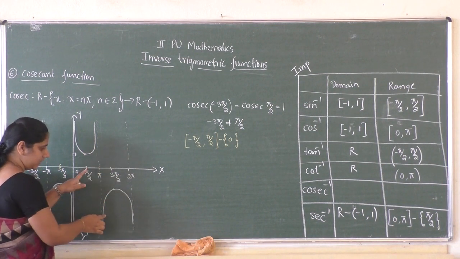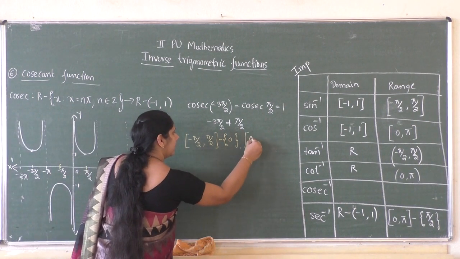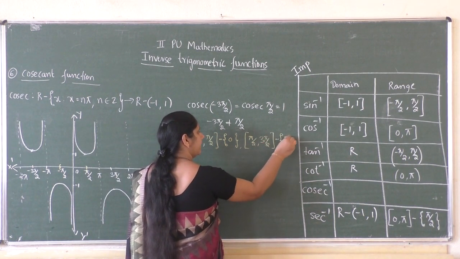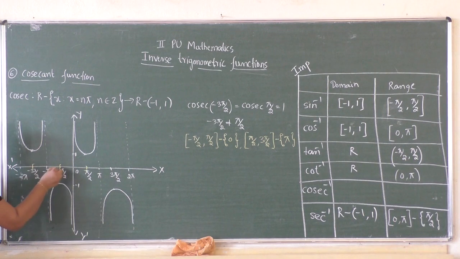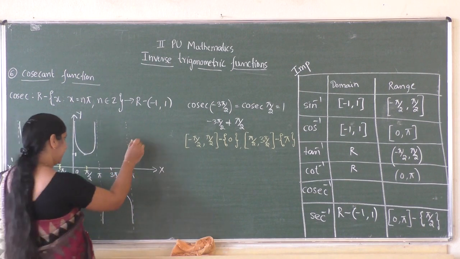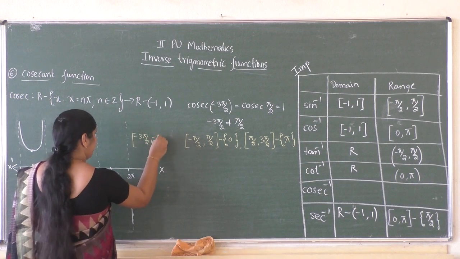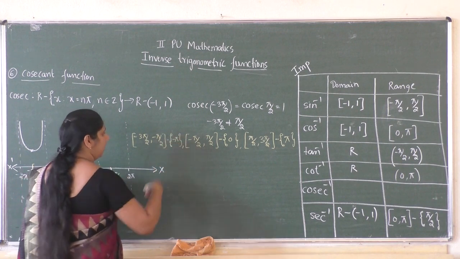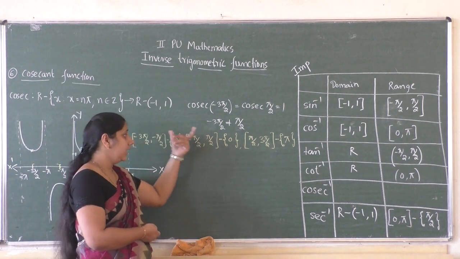At pi the cosec function is not defined, so we have to exclude that point. And likewise, minus 3 pi by 2 to minus pi by 2, excluding minus pi.